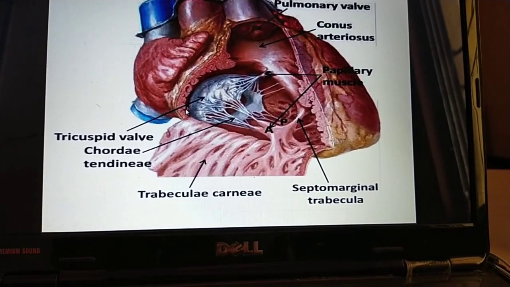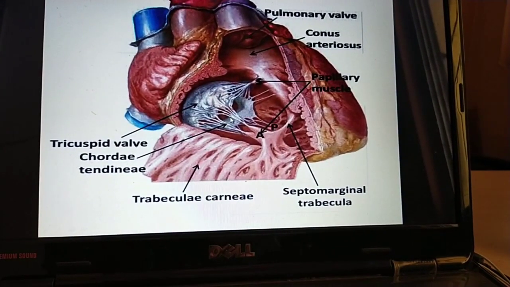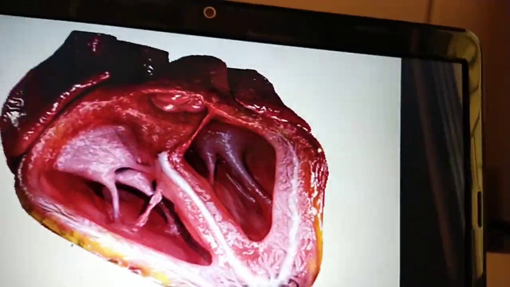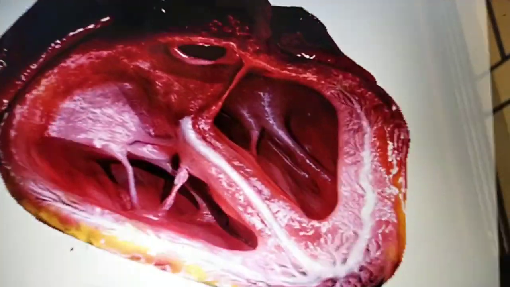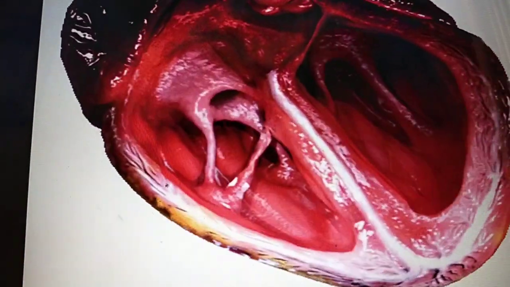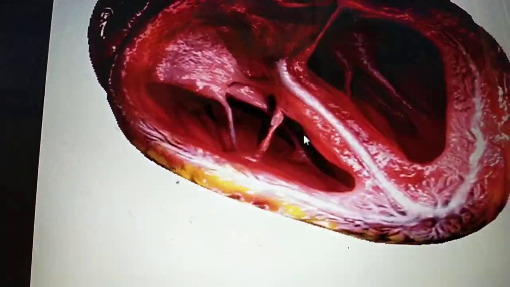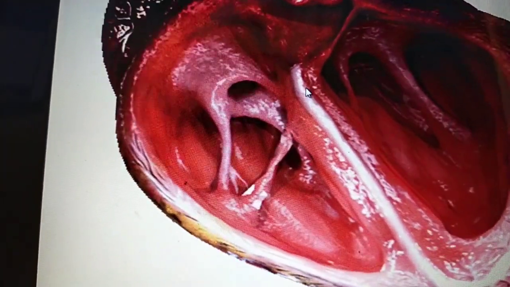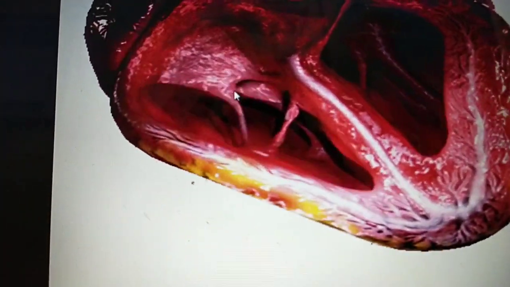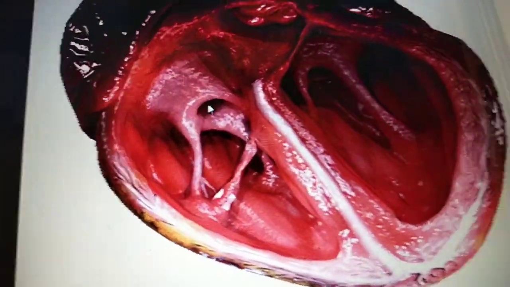Before we go to these structures, we will see one video. You can see here, this is the ventricle, and this is the intraventricular septum. This is the valve, and these are some thread-like or muscular structures, and the valve is closing.